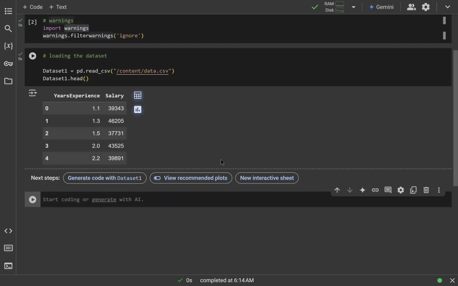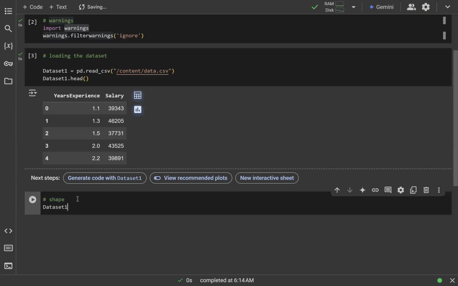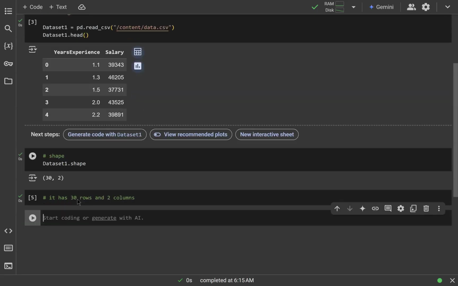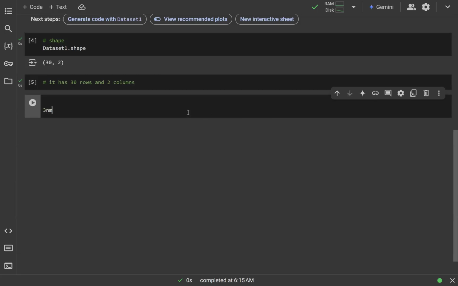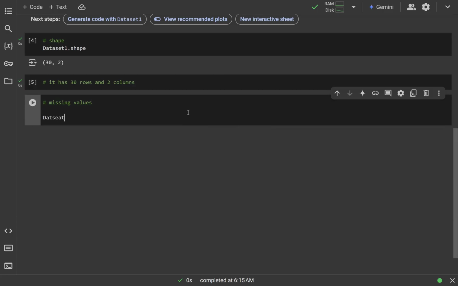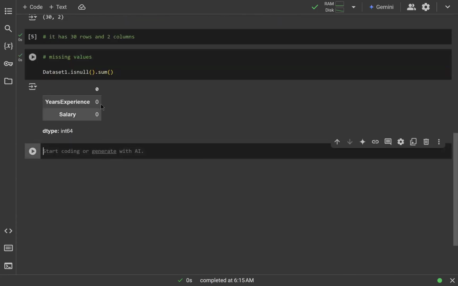So let's load this dataset. I got the first 5 records. Let's check the shape of this data. Shape means how many rows and columns it has. So it has 30 rows and 2 columns. Check for missing values. See, it is not having any missing values.